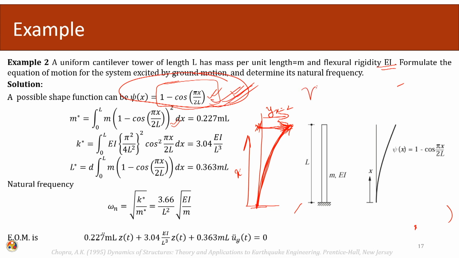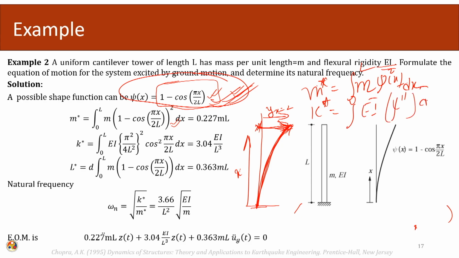Again for m star, the parent equation I know is mass per unit length times the shape function squared, integrated over the entire length. Similarly, k star will be EI times the differential of the shape function squared, dx. Using these two equations I can calculate my mass and my stiffness.